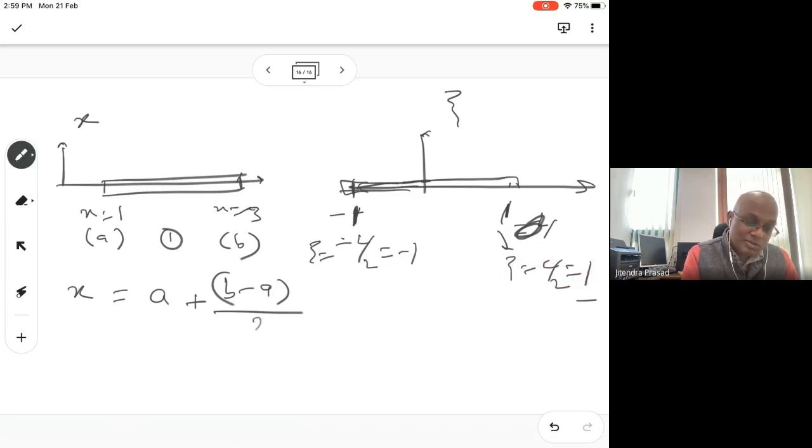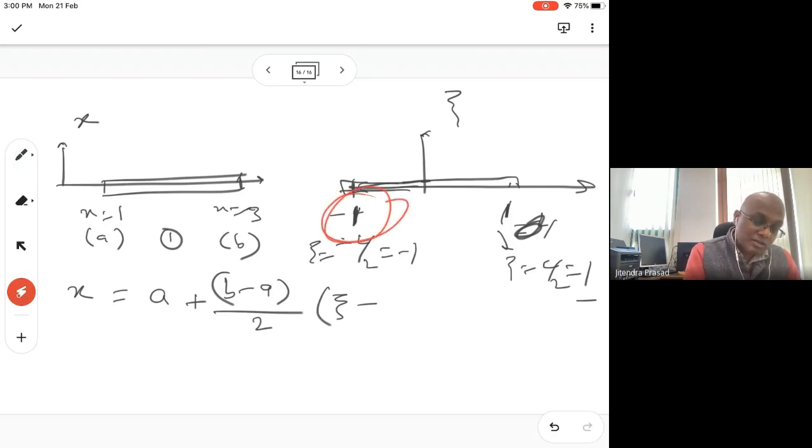Then multiplied by xi, since we are writing in terms of xi, so xi minus the minimum one, so plus 1.